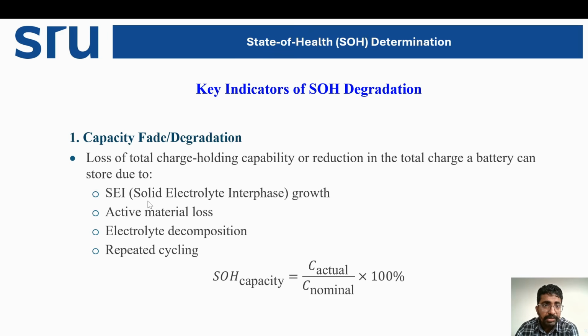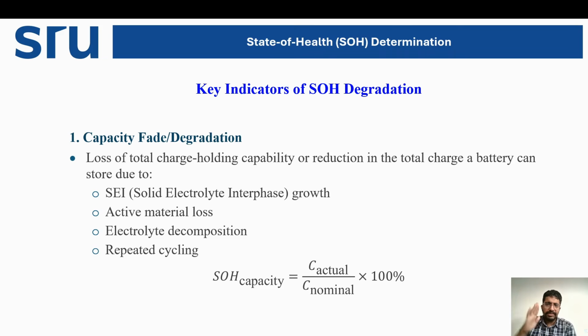SEI, that is solid electrolyte interface growth. That means some layer will be formed between the solid electrode, it can be cathode or anode, and the liquid electrolyte. It is like in water tanks where cement or plastic is used, and because of the flow of liquid, some green algae are formed.